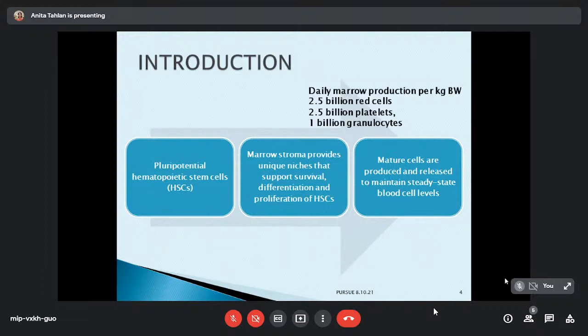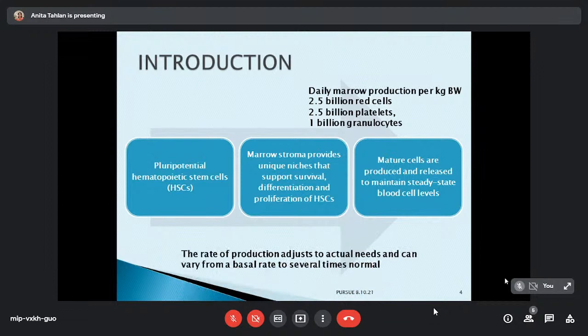And the daily workload of bone marrow is around 2.5 billion red cells, 2.5 billion platelets, 1 billion granulocytes per kg body weight, and it has to keep adjusting from the neonate or intrauterine life to a 70 or 80 years old male. So all this time, various adjustments need to be made.